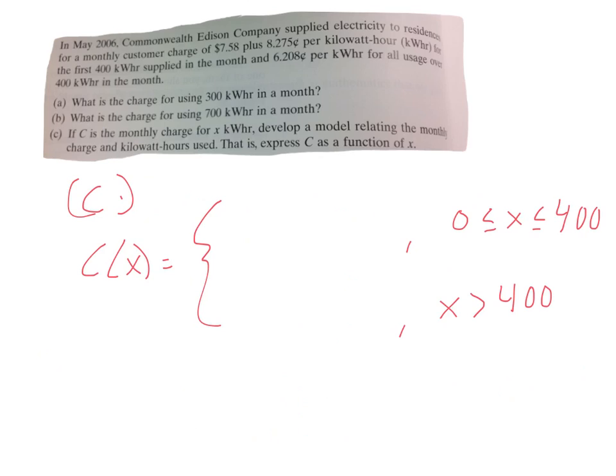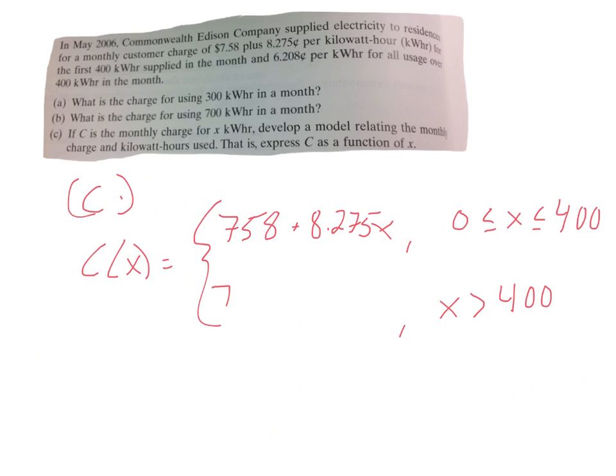Let's do it all in cents here. I start off with my base cost, $7.58, or sorry, 758 cents, plus what? What do I have to add to that for the first 400? 8.275 times X. Yep.